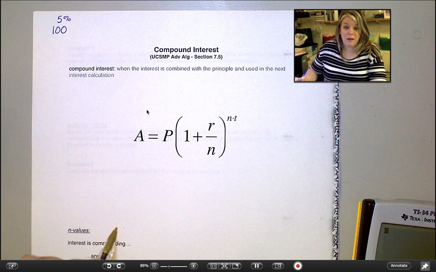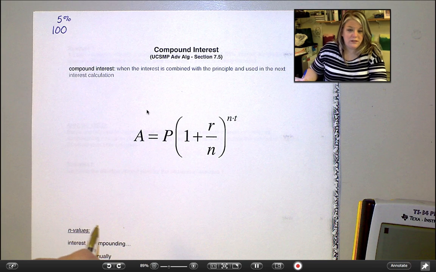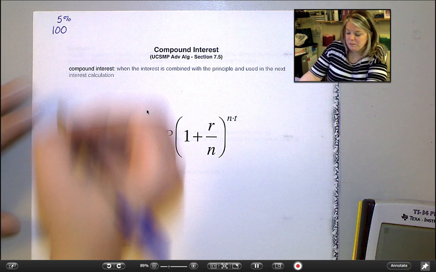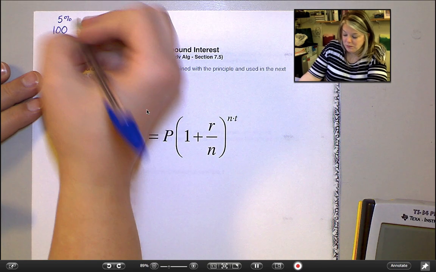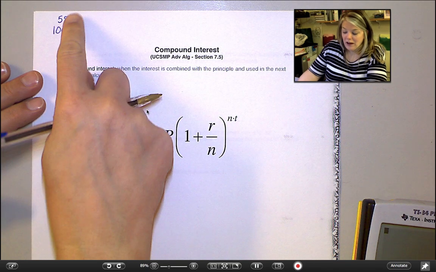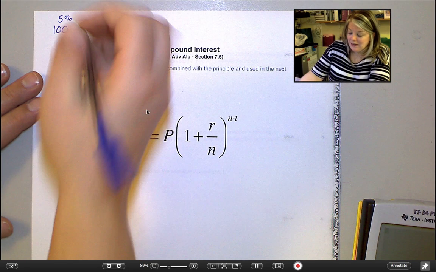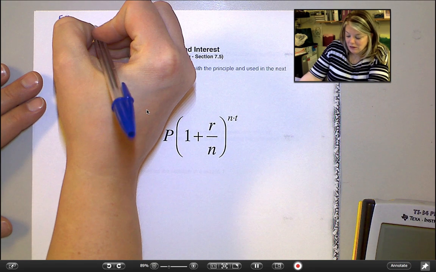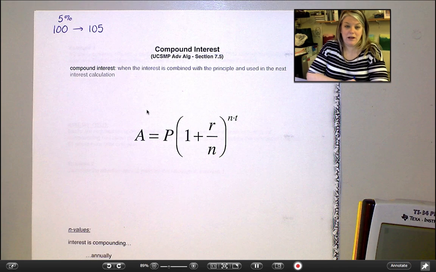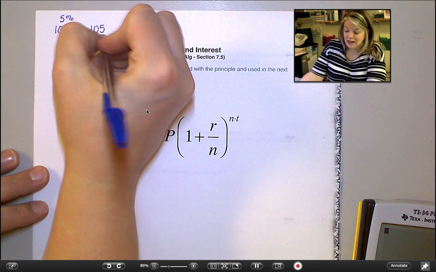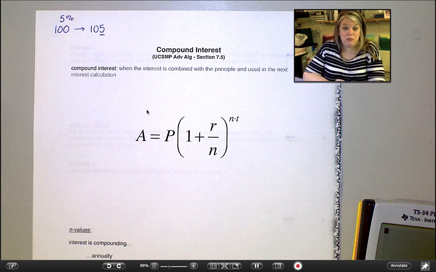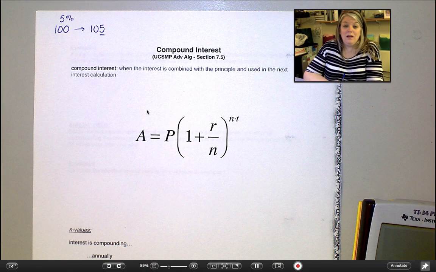As long as it's compound interest, and almost all interest is compound interest, after that 1 year has passed, they're going to do 5% of 100, which is just $5, okay? Tack that onto there, and now you suddenly have $105, okay? And this extra $5, that was free money for you, right? That was not money that you deposited, that came from the bank.